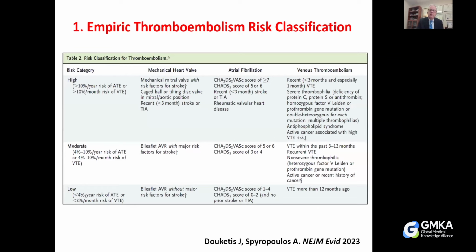This is a very detailed table that provides an outline for clinicians based on the indication for anticoagulation, whether it's a mechanical heart valve, atrial fibrillation, or venous thromboembolism, and classifies patients accordingly based on their risk for stroke or thromboembolism. That may help you determine how high the risk for thrombosis is, and in particular, for patients who are on a vitamin K antagonist, whether I need to bridge them with a low molecular weight heparin. We'll come back to this a little bit later.